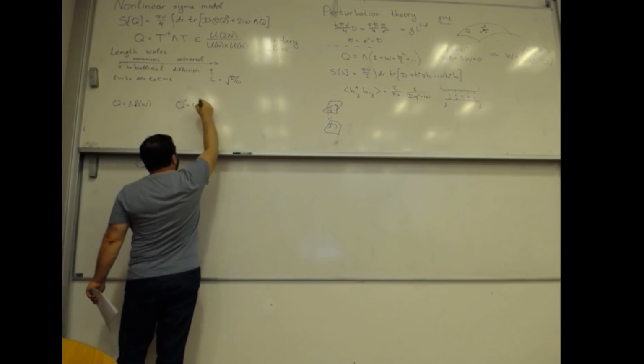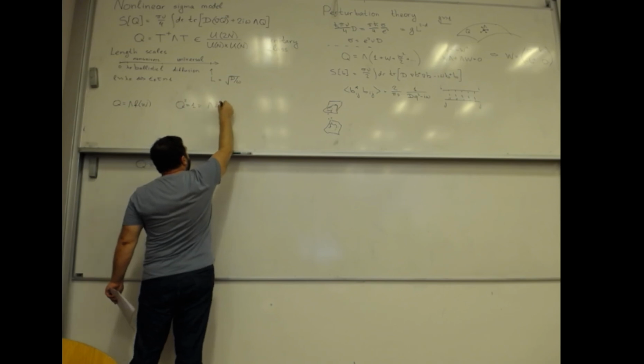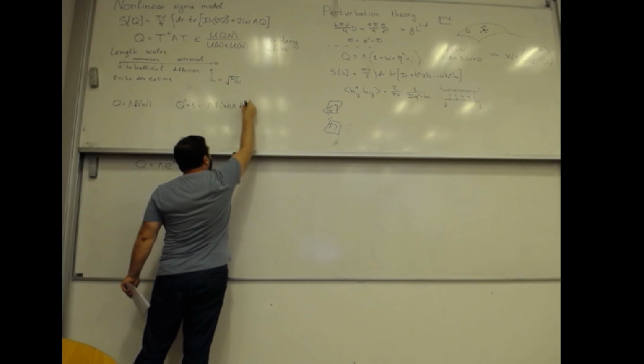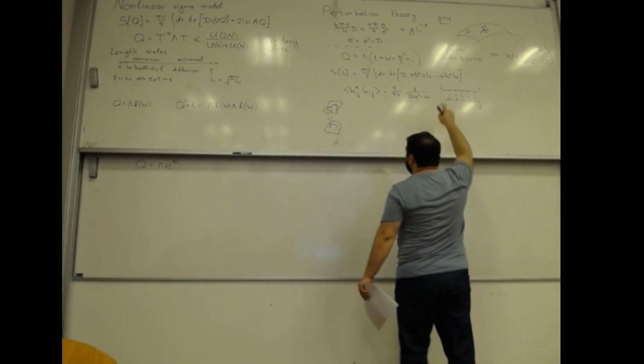Which means Q squared is lambda f of W, lambda f of W, right? And W anti-commutes with lambda, so we have this expression.